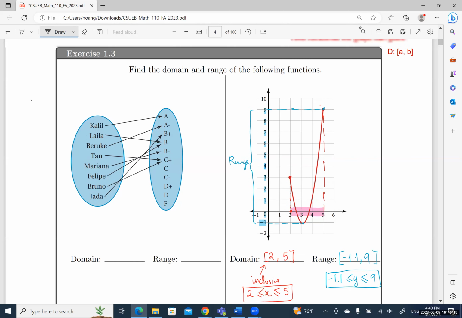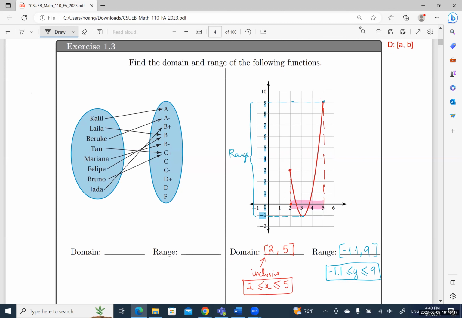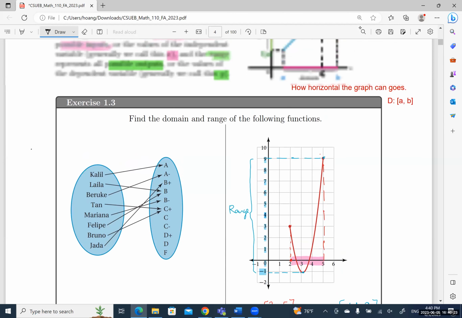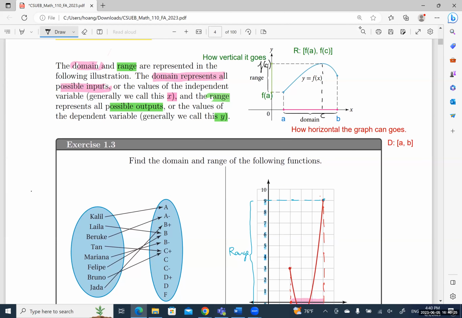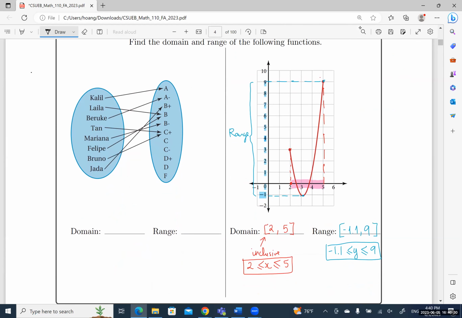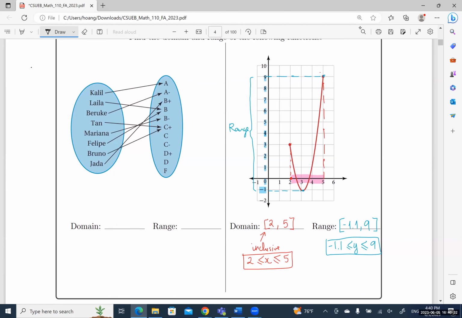So the domain, since the domain is all possible inputs, I will have to write down all possible inputs in here, which is Kali, Lila.